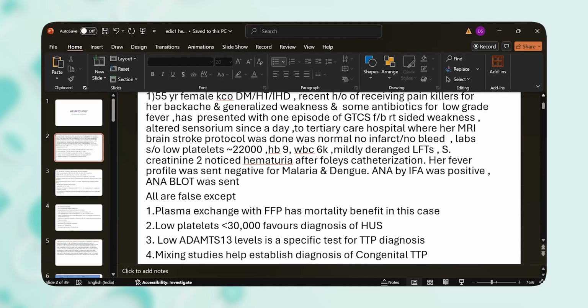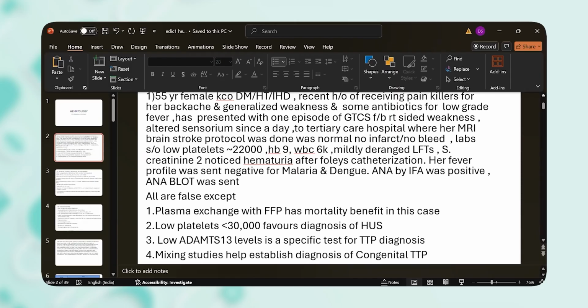Labs showed a platelet count of 22,000, hemoglobin of 9, and WBC of 6,000. Mildly deranged LFTs were there, and creatinine was 2. We noticed hematuria also after Foley's catheterization, which was non-traumatic. Her fever profile was negative for malaria and dengue. The ANA by IFA was positive, and we sent the blot also for her.